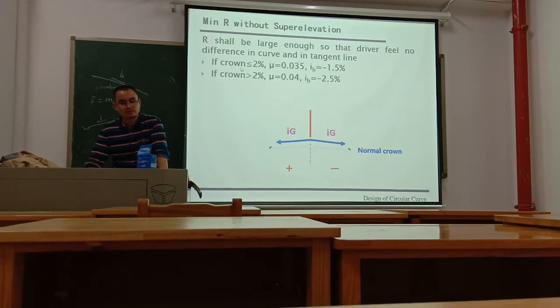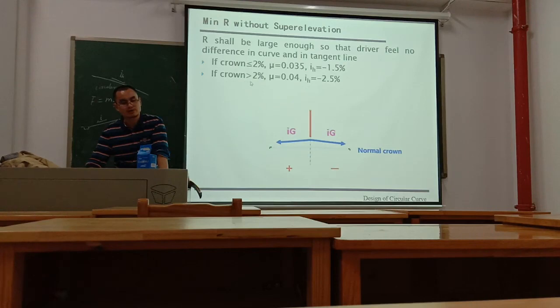If the crown cross slope is less than 2%, mu is equal to 0.035, IH is equal to negative 1.5%.